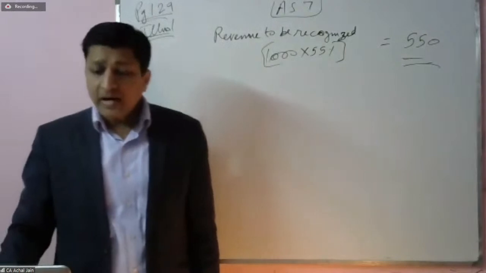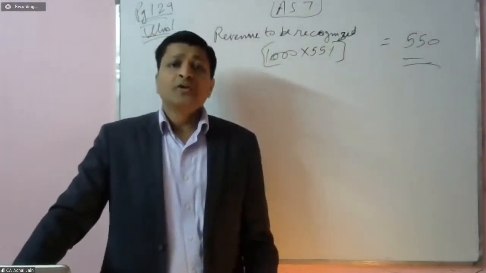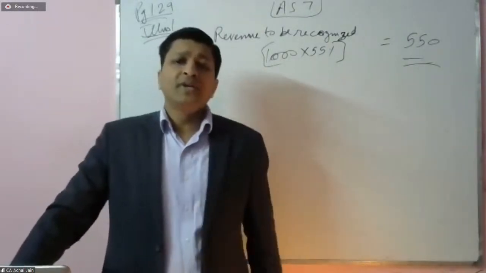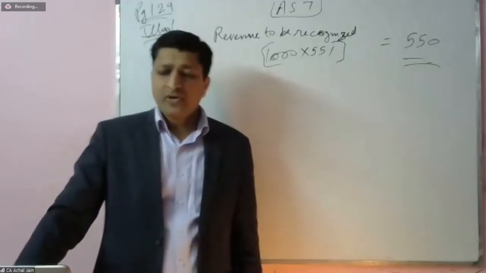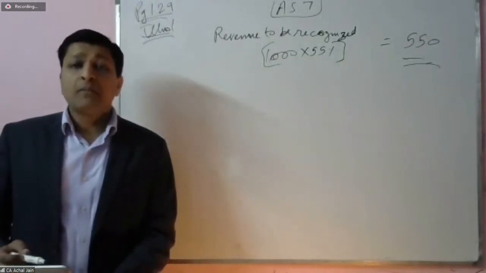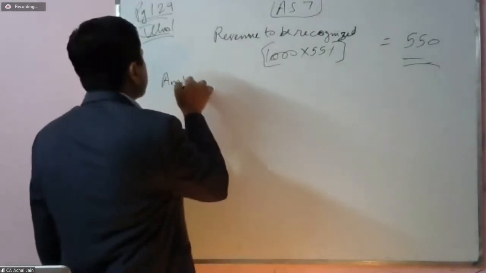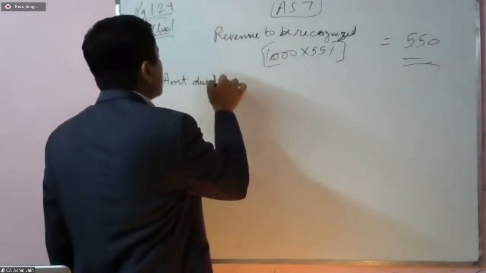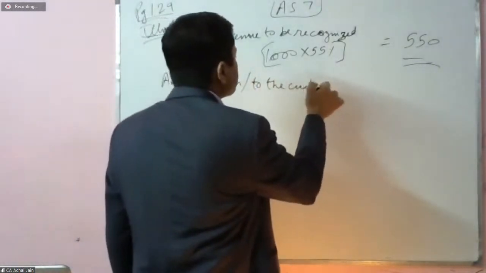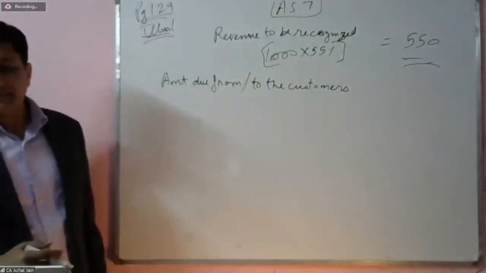Now comes the next part, which is around some of the disclosures and around the receivable or payable, which at times may be required to be shown in the solution. So let's get on to that part now. Next part is around amount due from or to the customers. Customer means debtor.